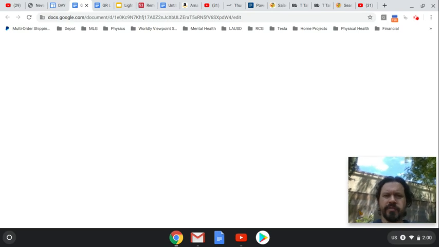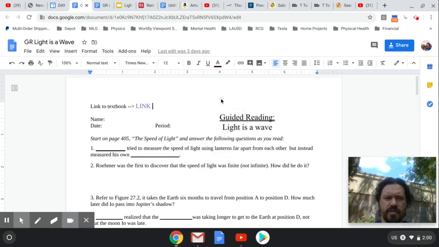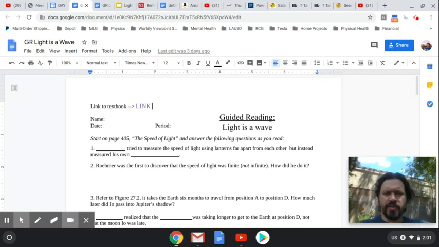A good chunk of this is historical, and there are some pretty neat historical experiments in how we learned about light and how we learned that light behaves like a wave. Light also behaves like a particle. We're going to spend most of the time looking at how light is a wave, but we will also touch on how it behaves like a particle.